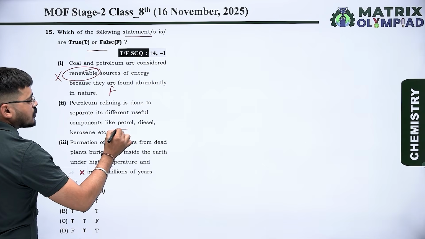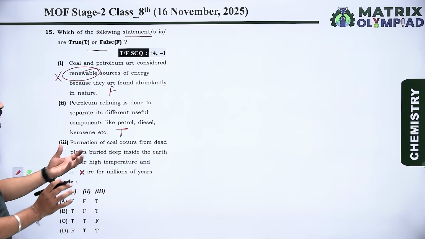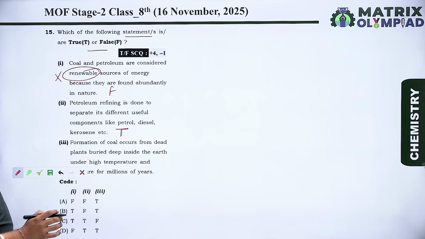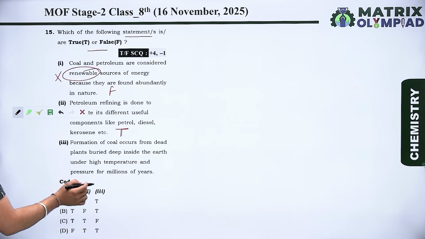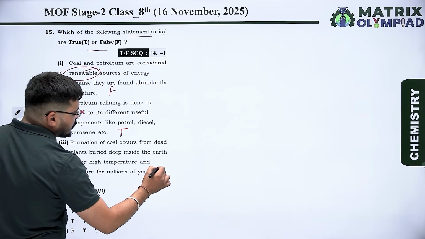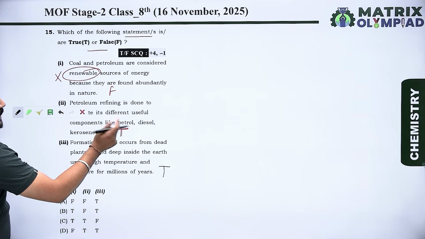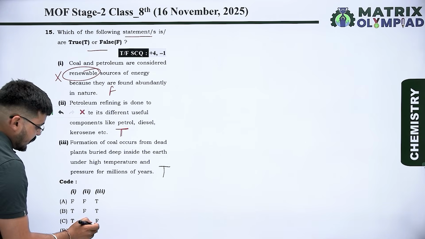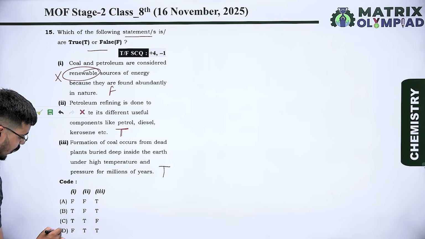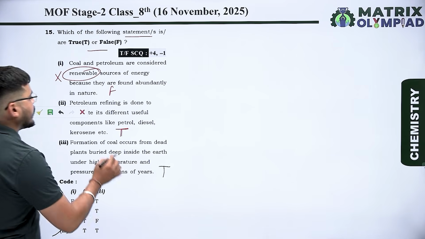This is a true statement. Formation of coal occurs from dead plants buried deep inside the earth under high temperature and pressure for millions of years. Yes, 100% this is true. So second and third are true and first is false. FTT is the code. Option number D is correct. Let's move to the next question.